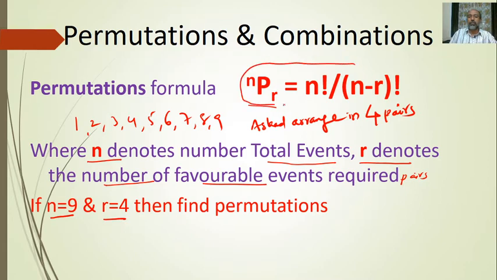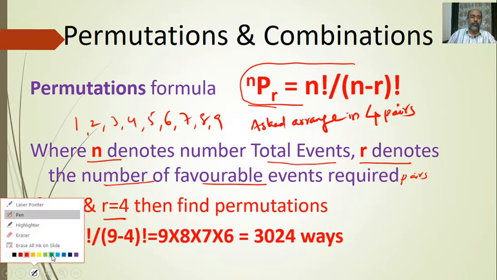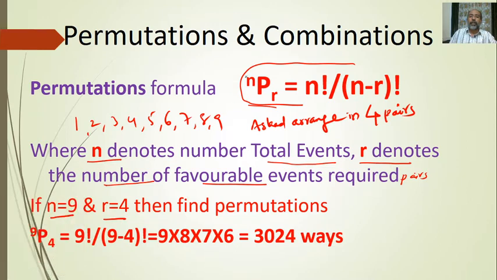We have to use this formula. So we have to write it in this way: nPr, where this is the n, this is the P, P means permutations, and this is the r.